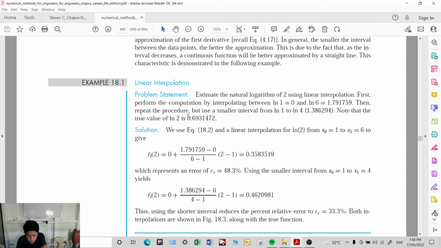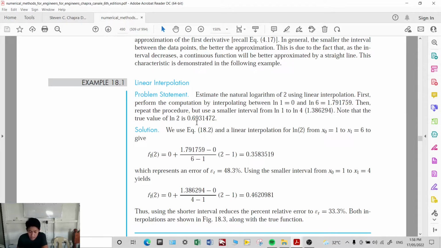Okay, so we have a problem here. Estimate the natural logarithm of 2 using linear interpolation. First, perform the computation by interpolating between ln1 equals 0 and ln6 equals 1.7791759.